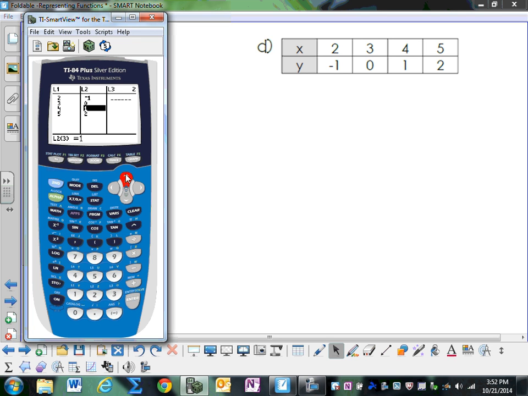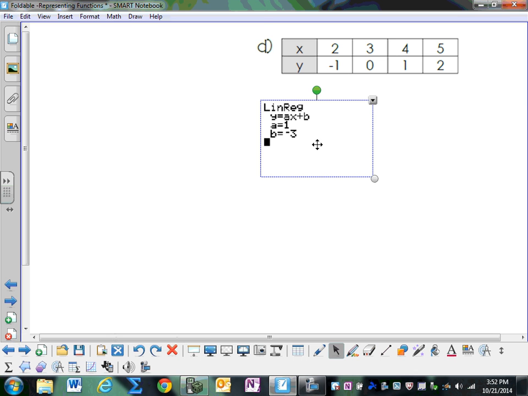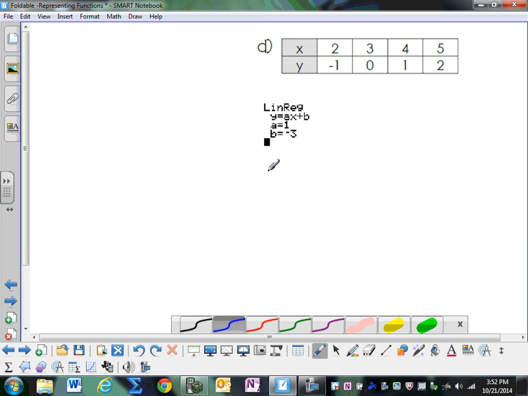So now I'm going to calculate a linear regression. So I'm going to hit stat, arrow over to calculate, number 4, and then I'm going to hit enter. And this is what I get. So to write that as an equation or a function rule, I would write, it says y equals ax plus b, where a is 1 and b is -3.